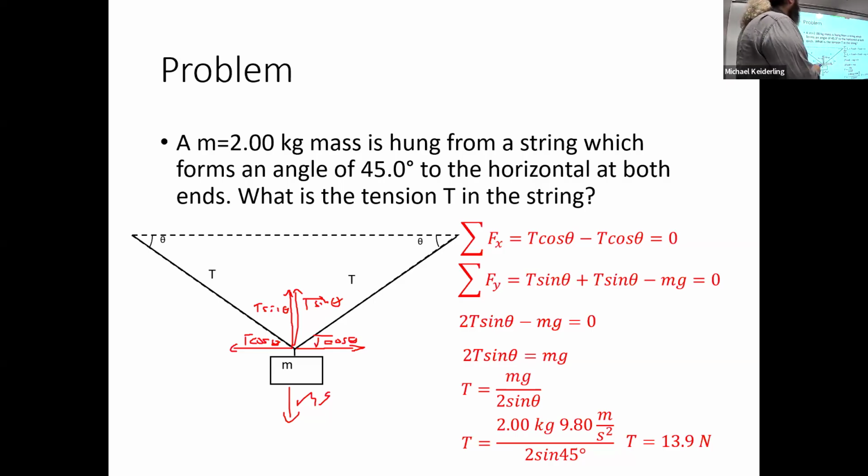If we look at the forces in the x direction, we have tension cosine theta in the positive x direction and tension cosine theta in the negative direction, and that equals 0. If you wanted to, you could set this to be tension 1 and tension 2, but it's not that hard to figure out that this lets you know that tension 1 equals tension 2.